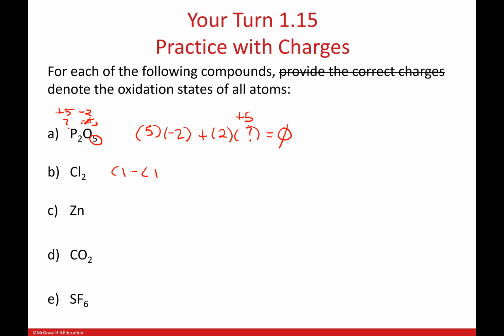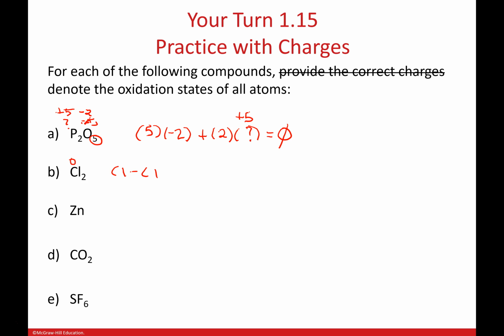It's 0. If it's not combined with anything else, just by itself, it's 0. And if it has no charge, it's 0. I'll put a 0 there. Yep, that's it. Well, the rule I just told you, what is Zn? It's also 0.